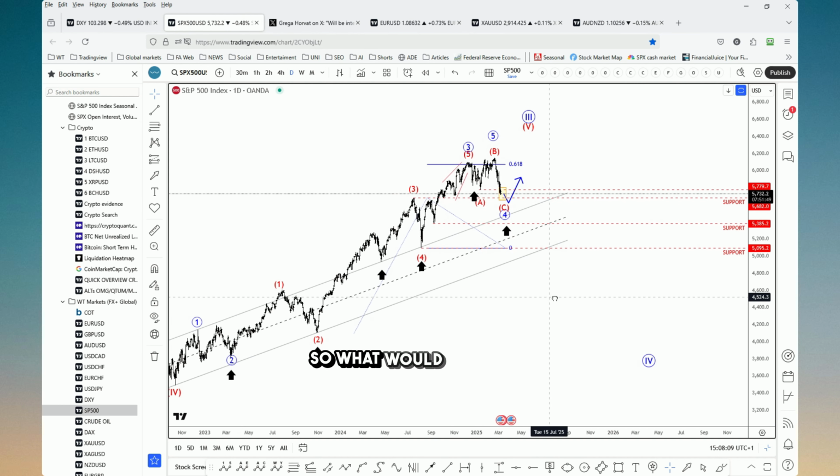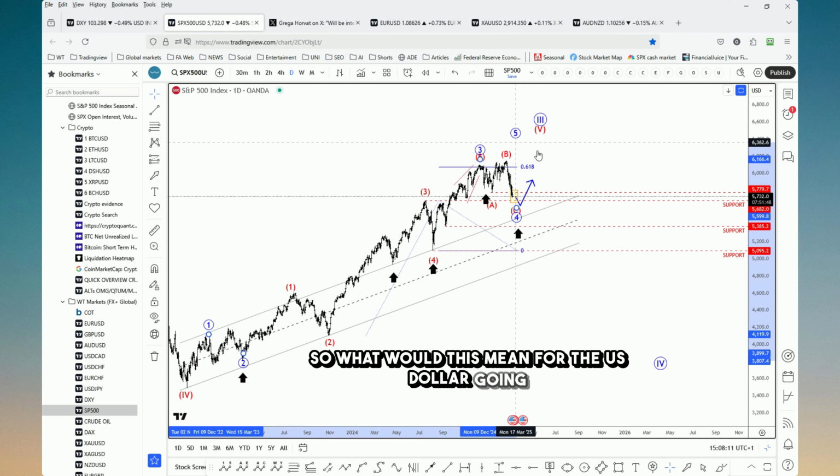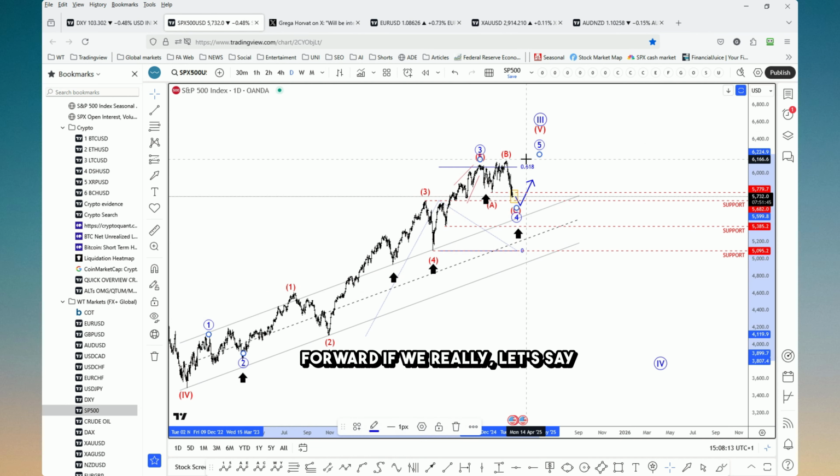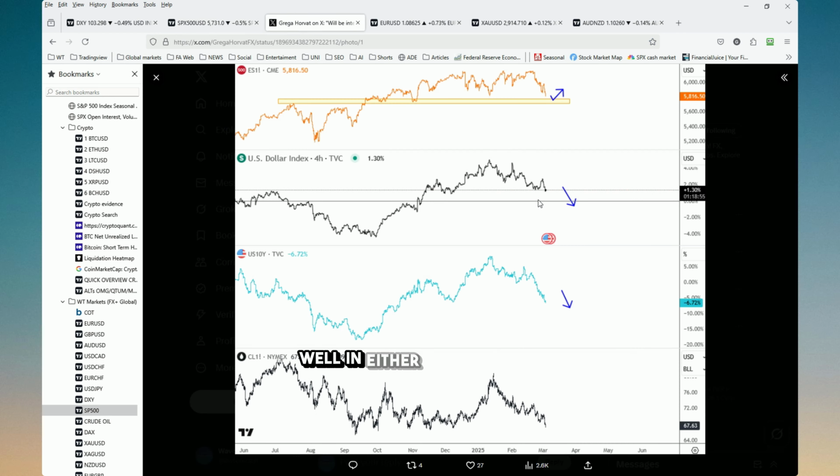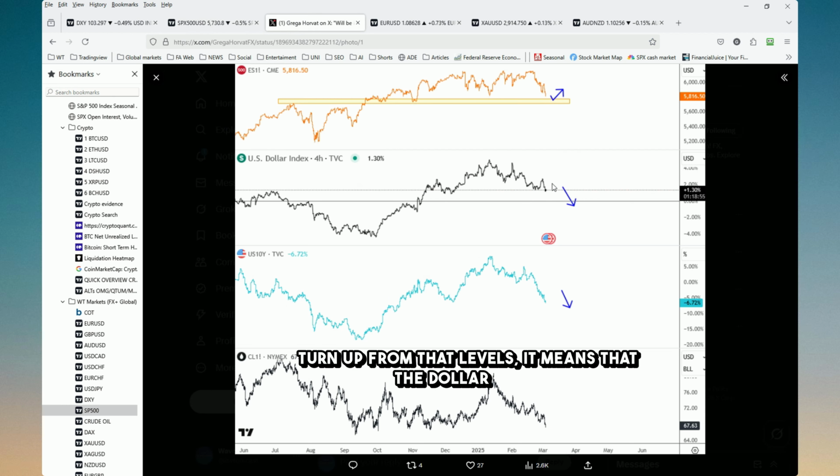So what would this mean for the US dollar going forward if we really rally? Well, in an ideal scenario, if the S&P 500 would rally and turn up from those levels, it means that the dollar index will continue to weaken with the US yields.